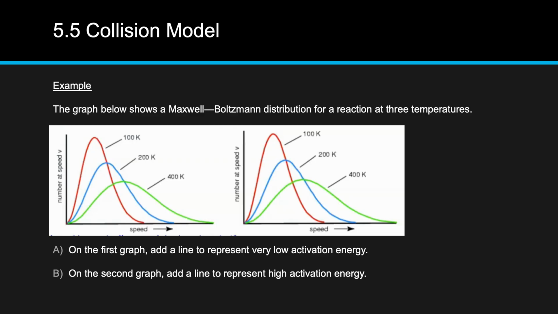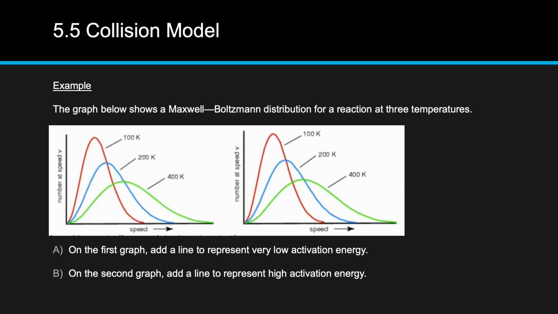So this example compares Maxwell-Boltzmann curves at 3 different temperatures to show how temperature affects the number of particles with enough energy to react. At a low temperature, 100 Kelvin, most particles have a low speed and a low kinetic energy, so only a tiny fraction can reach the activation energy.